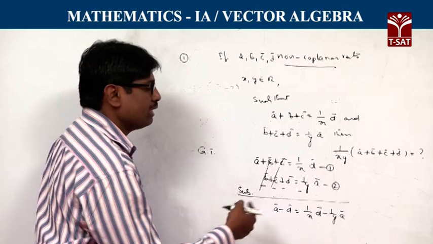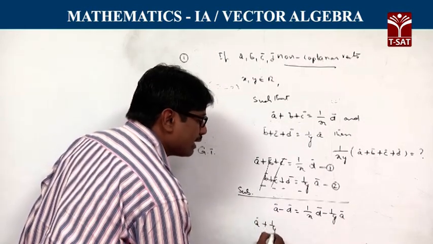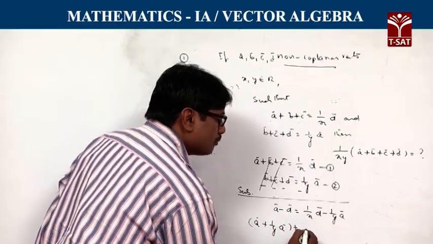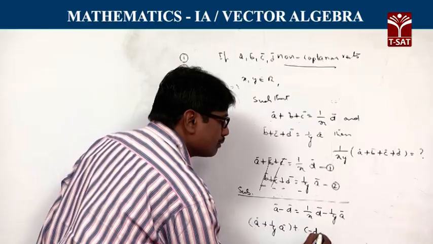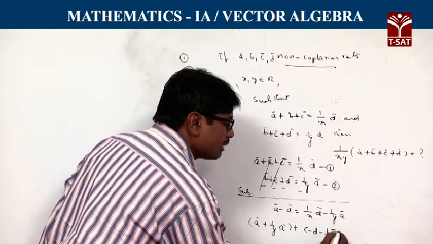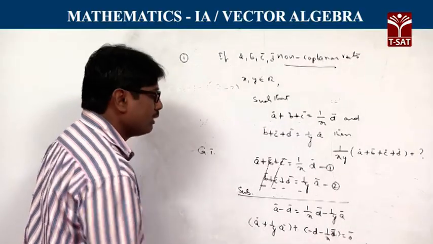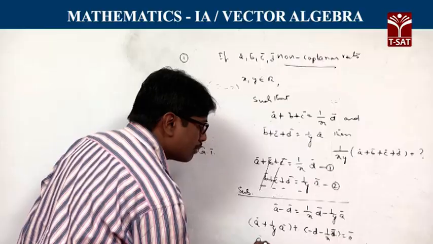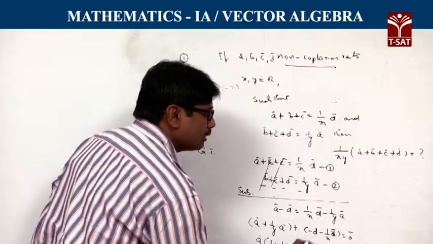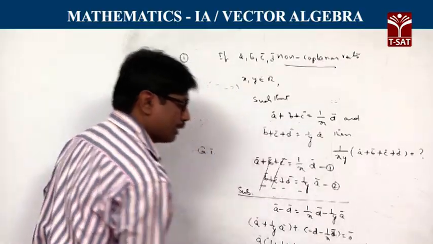When we write it as a linear combination: a bar plus 1 by y times a bar minus d bar minus 1 by x times d bar is equal to 0 bar. Taking a bar common, it will be 1 plus 1 by y. Taking d bar common, it will be minus 1 minus 1 by x is equal to 0 bar.